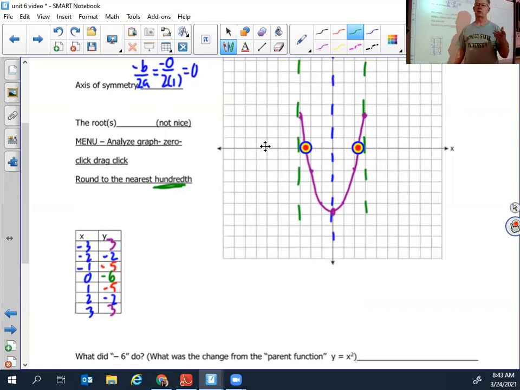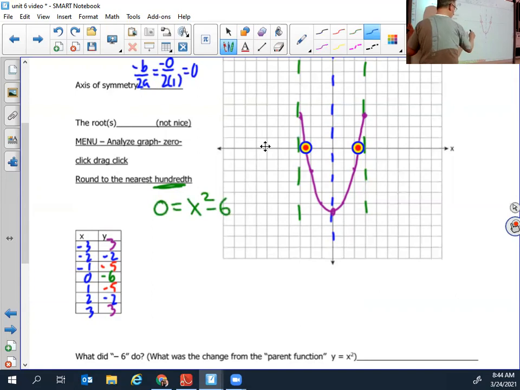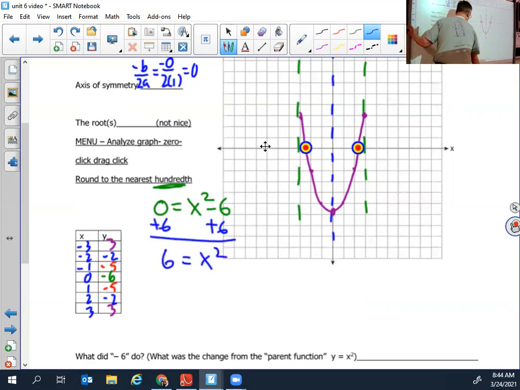First, I'm going to show you how to do it without your calculator. So we know that the roots are where y equals 0. So if I take my equation and replace the y with 0, I get 0 equals x squared minus 6. I move the 6 to the other side, and I get 6 is equal to x squared. And then I need to get rid of that squared, so I take the square root of both sides.